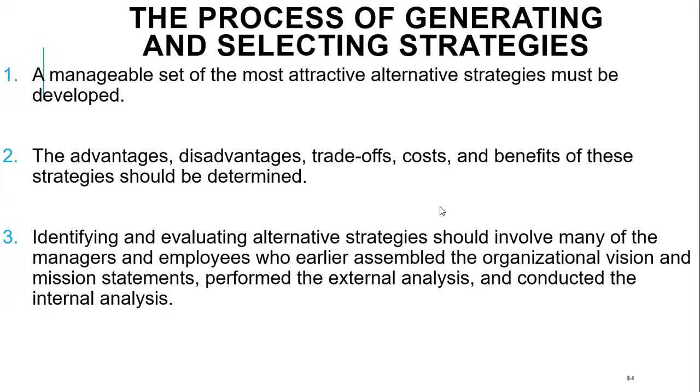So the first one is the expectation that as much as possible, a manageable set of alternative strategies must be unbundled. So as much as possible, it is not practical to go into the strategic generation and selection process with only one strategy in mind. However, the expectation is that there is the need for several of them to be generated, but these several strategies must be manageable.